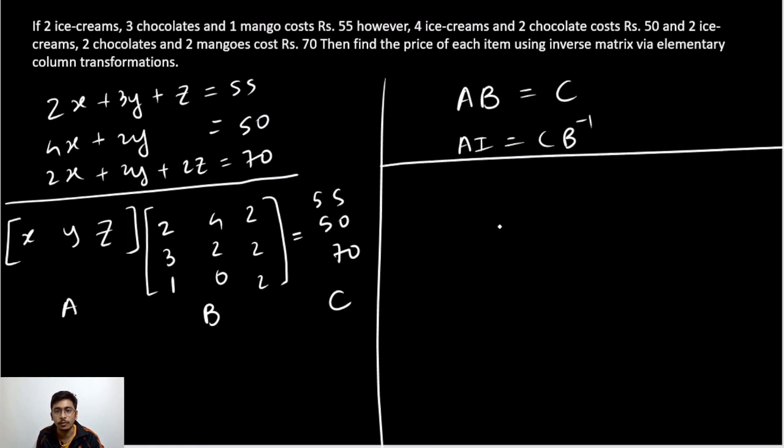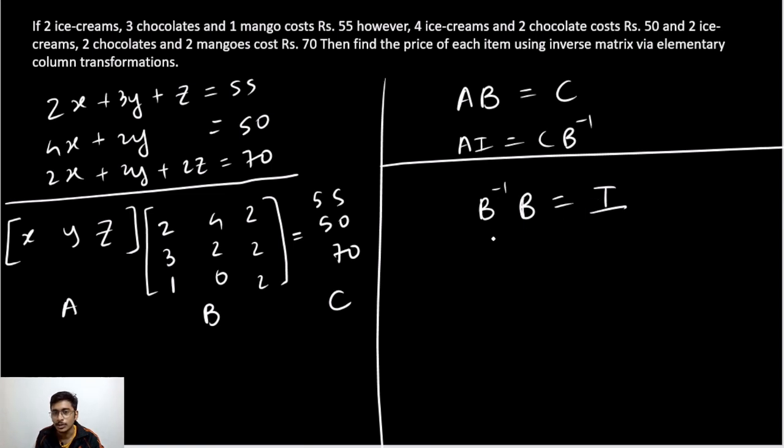And for doing that, what can we use? Or directly you could bypass B inverse and directly calculate C into B inverse by doing column transformations. But let's say we are not interested in doing that. Let's say we want to find out B inverse first. So I'll write down B inverse into B is equal to I. I'll try to convert B to I so that I becomes B inverse.